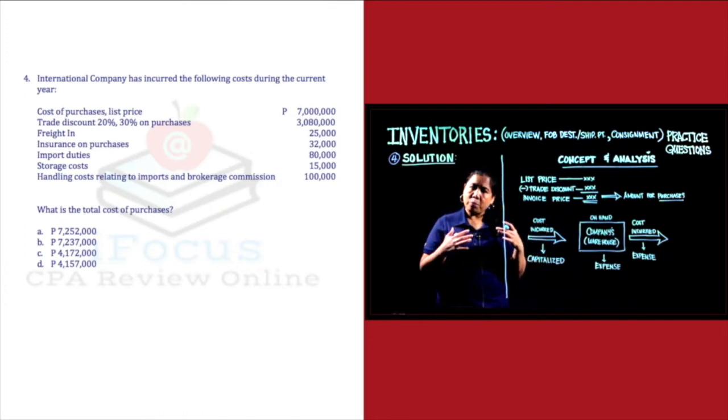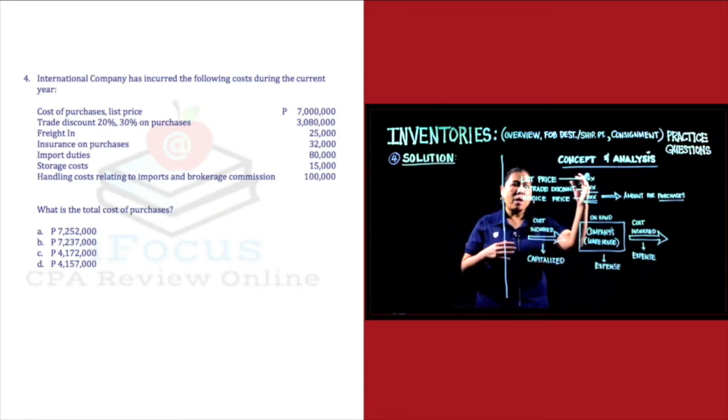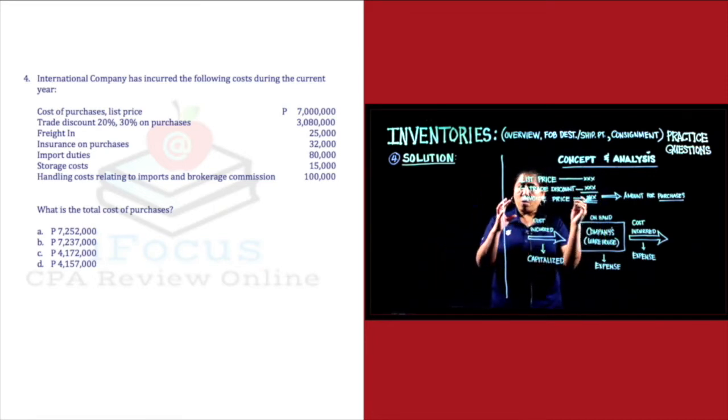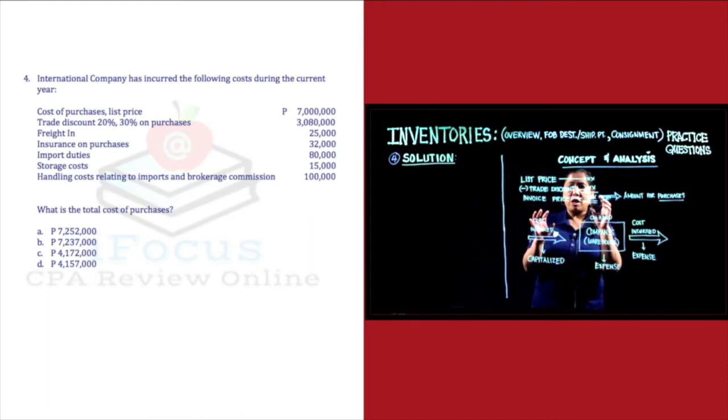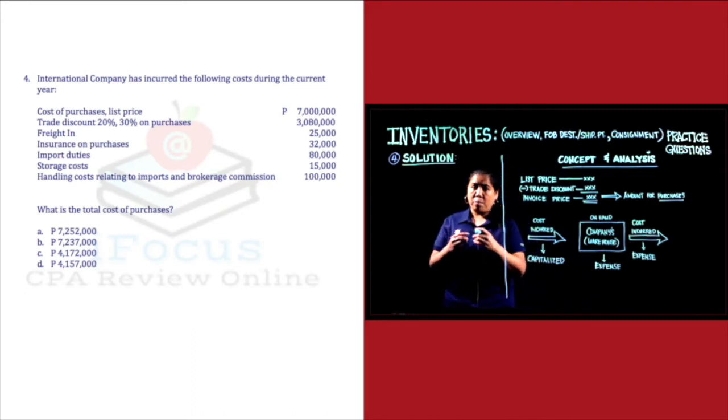So, when the problem gives you a list price and a trade discount, mina-minus po natin yan to get our invoice price. Itong amount ng invoice price, yan po talaga ang cost ng ating purchases. So, this amount of the invoice price is the amount we debit on our purchases.